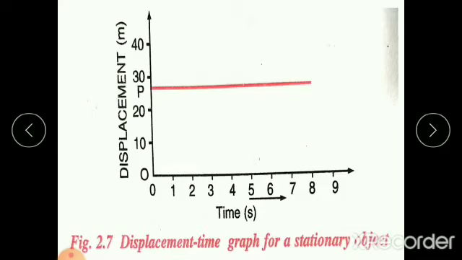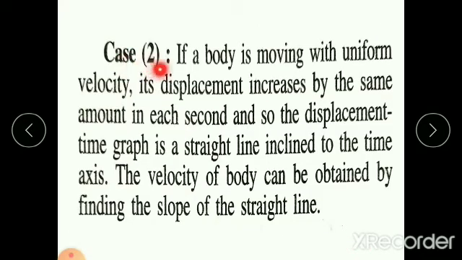Okay. The next one, second case: if a body is moving with a uniform velocity, its displacement increases by the same amount in each second, and so the displacement time graph is a straight line inclined to the time axis.